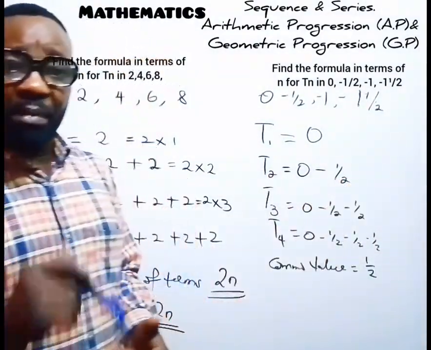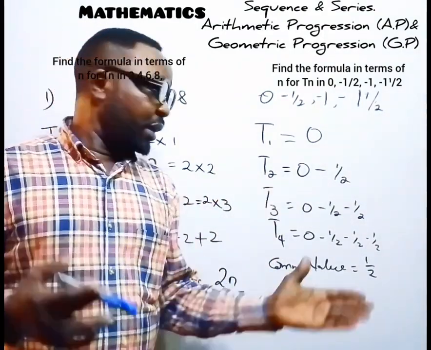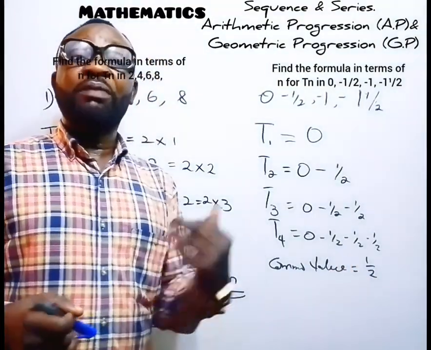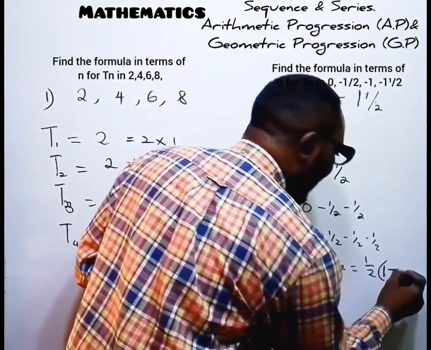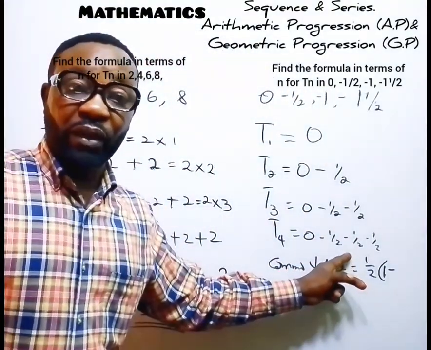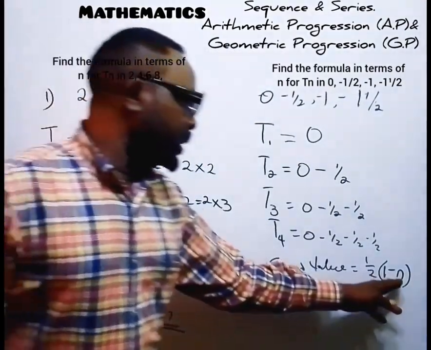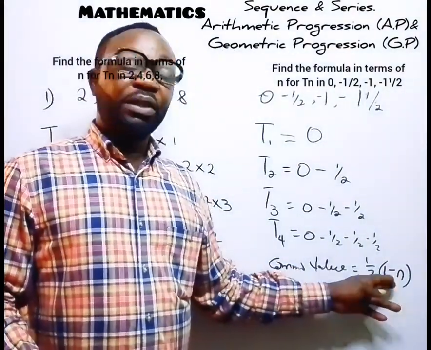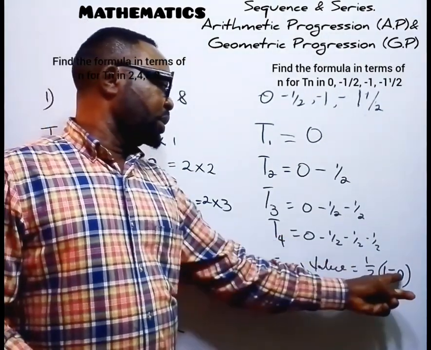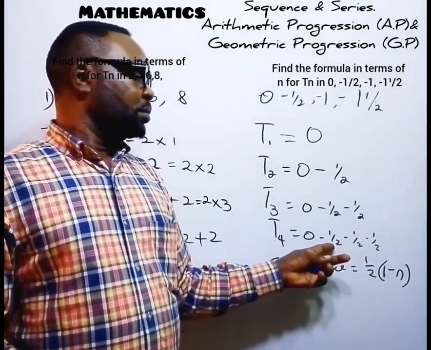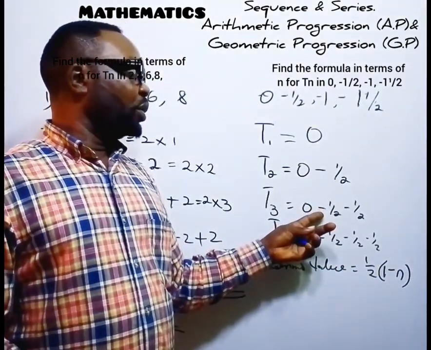In that sense, each of the terms has been reduced by 1. That will be equal to 1 minus n, because we are having a negative value there. You can now see that here we are going to have minus 1 over 2, which is minus 3 over 2. Here we are going to have minus 1.